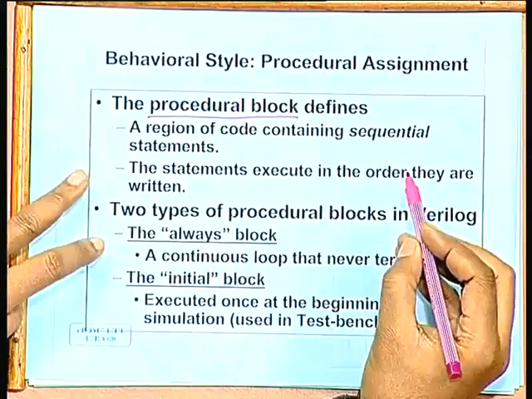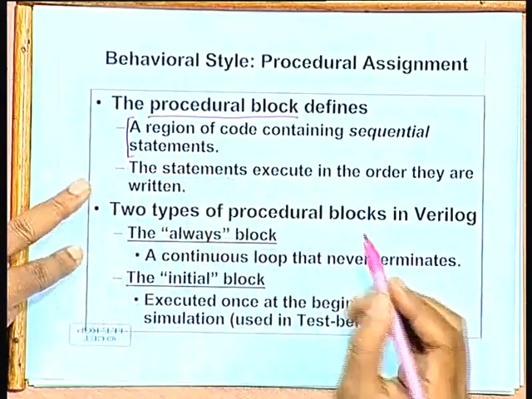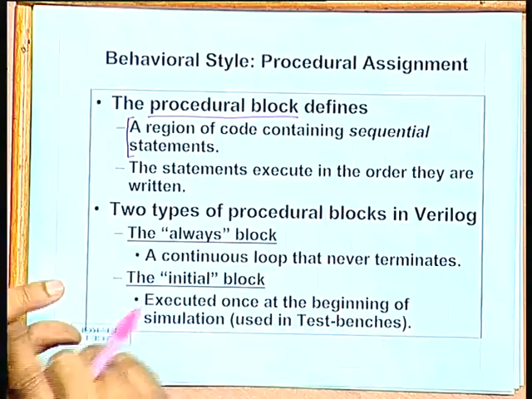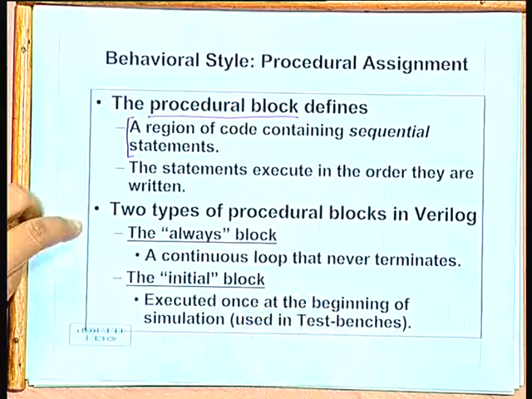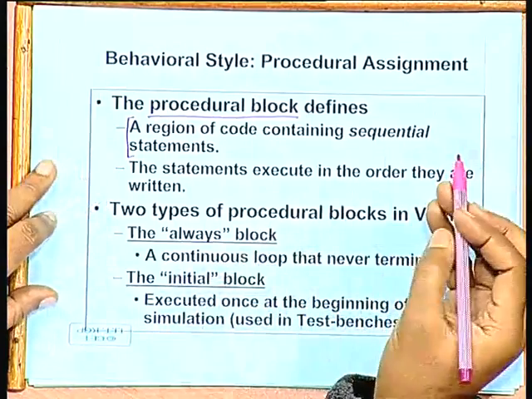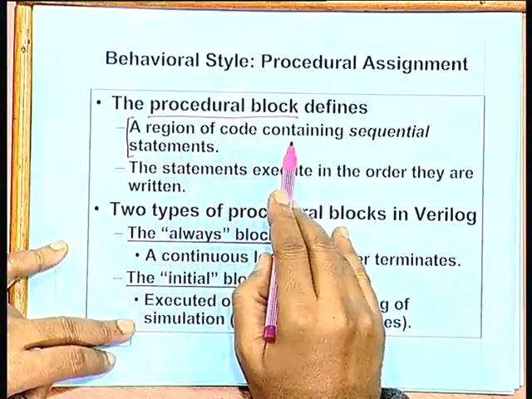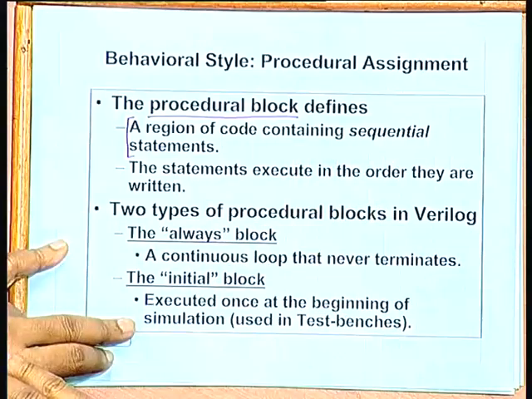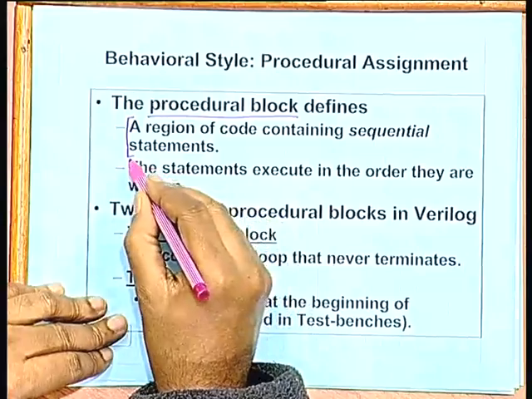Say in C you define a block of statements using the curly braces. So, similarly here also you define a region of code which will contain statements which are supposed to be executed one by one, right. So, just like a procedural language, a high level language like C, you have a region of code which contains sequential statements, and your understanding is when you are writing the code that the statements will be executed in the order they are written.